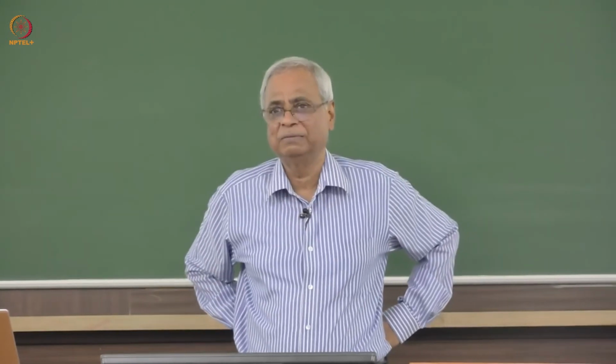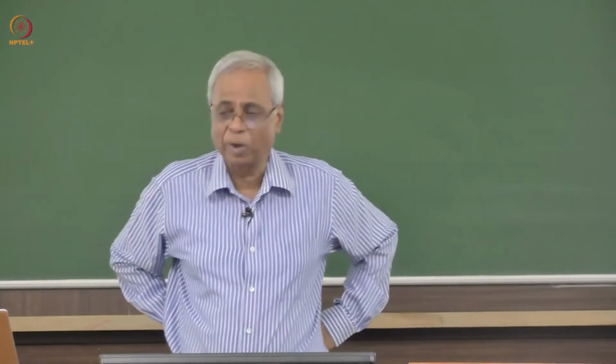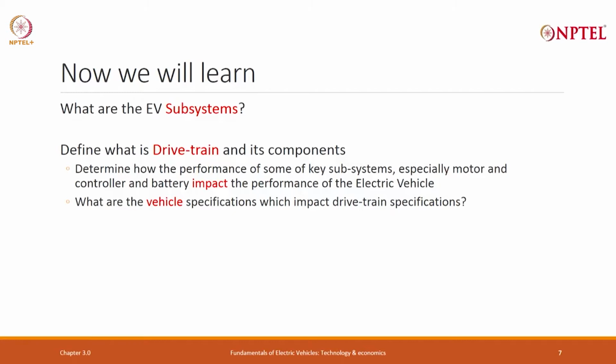What will we learn in this chapter? What are the EV subsystems? Define what is called the drivetrain and its components, determine the performance of the key subsystems, especially motor and controller, and their impact on the performance of the electric vehicle.